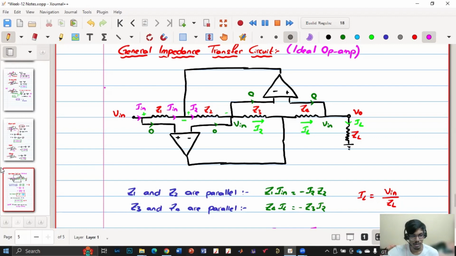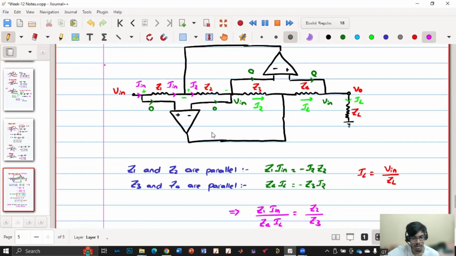Just thinking loud: in order to emulate this inductor or capacitor, which two terminals should I take? Between what terminals is it acting as an inductor or capacitor? So Vin and ground, Vin with respect to ground. This ground is for the entire circuit. This has plus VCC, minus VCC with respect to this ground, and this is also ground.